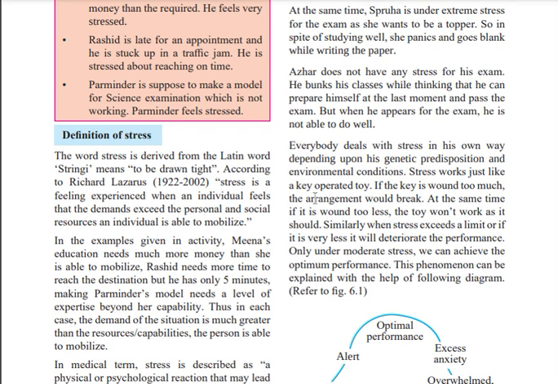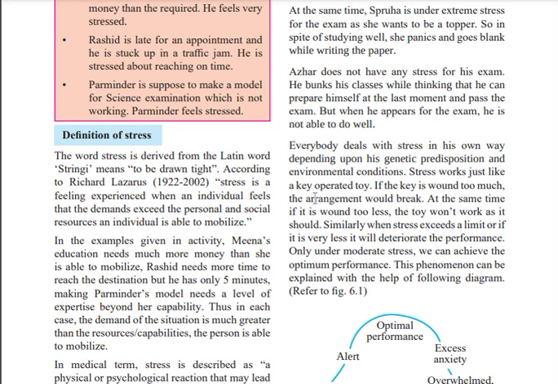drawn tight. According to Richard Lazarus, stress is a feeling experienced when an individual feels that the demands exceed the personal and social resources the individual is able to mobilize. So Richard Lazarus first explains where this word came from, and then defines stress.